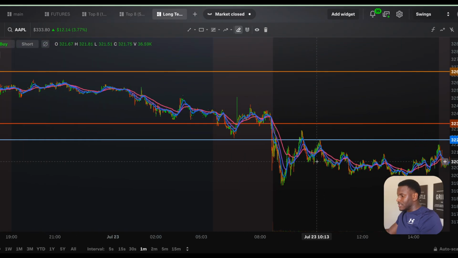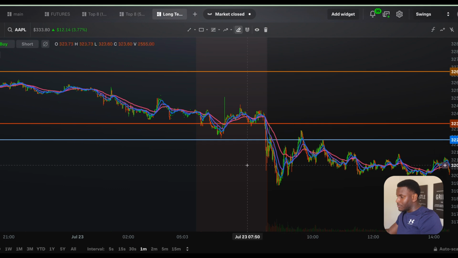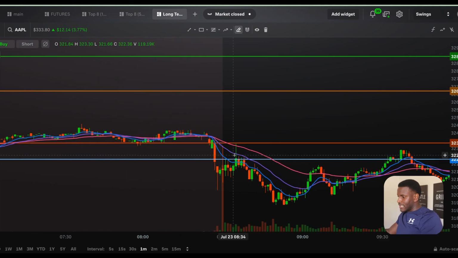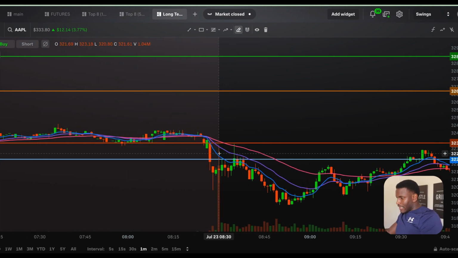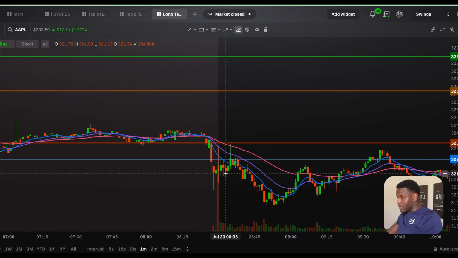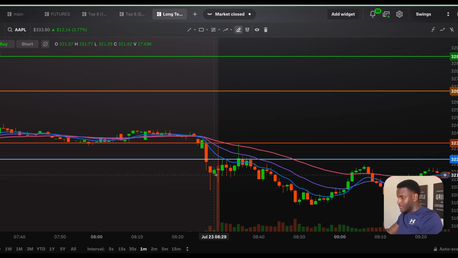So now if I'm coming to the previous day and trying to analyze what price action may do, we can see that whenever Apple opened up, it had a strong reaction on your previous day low and your pre-market low. You can see price kind of wicked up, opened up down here, wicked up, and then closed down.